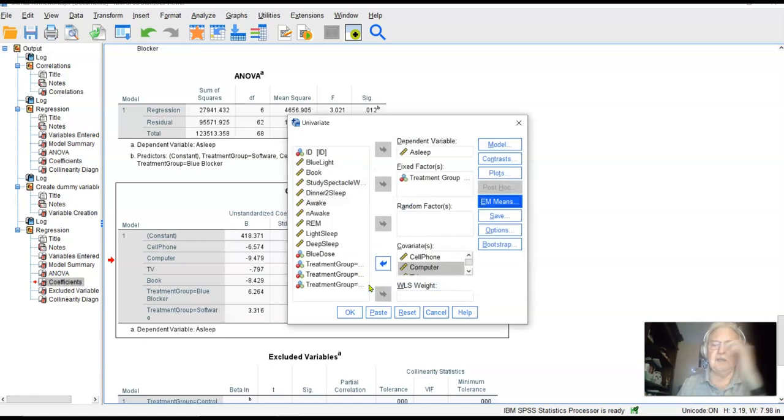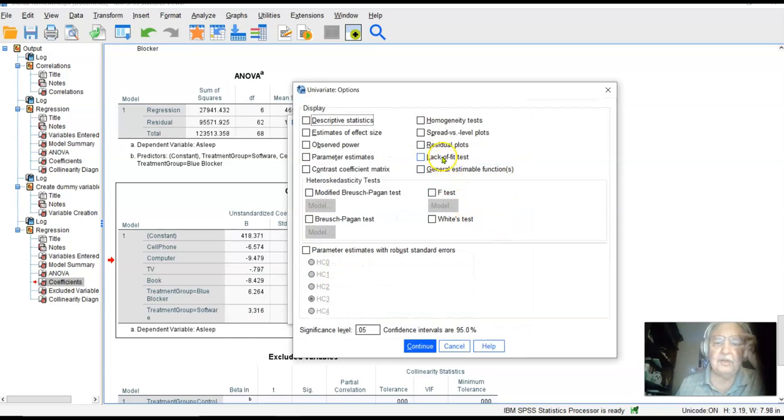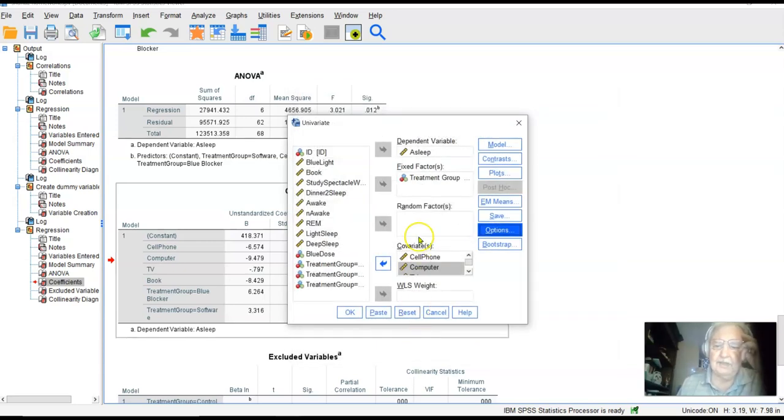Okay. And then for this particular time, we're going to look at our parameter estimates. And then we want to do homogeneity of variance tests. And that's pretty much it for this particular example.